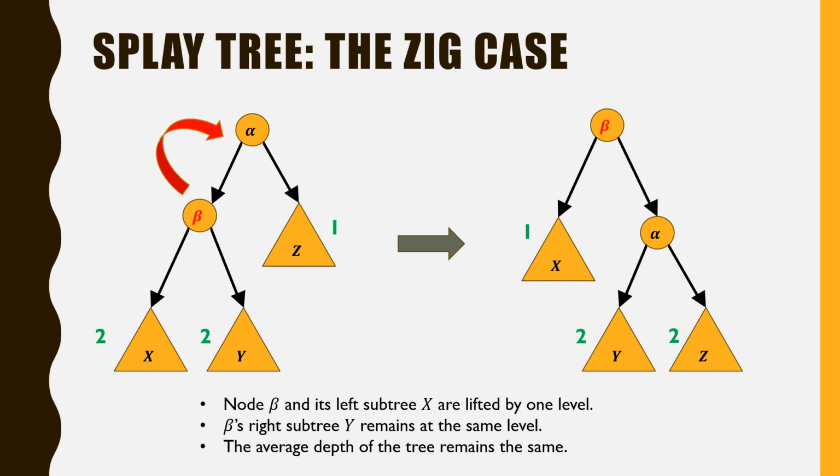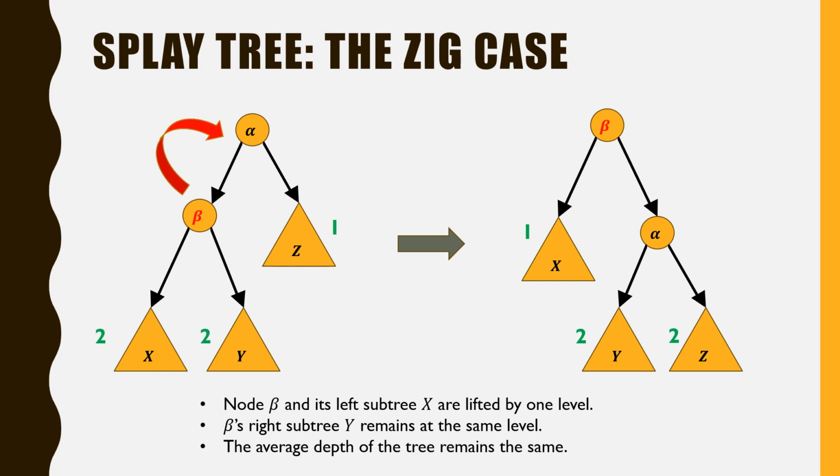To analyze how the splaying operation affects the levels of the subtrees, we label their levels using the green numbers. These levels represent the distance from the root to the subtree. For example, before the splaying operation, the subtree X has a level of 2, indicating that the path from the root node alpha to X has a length of 2.